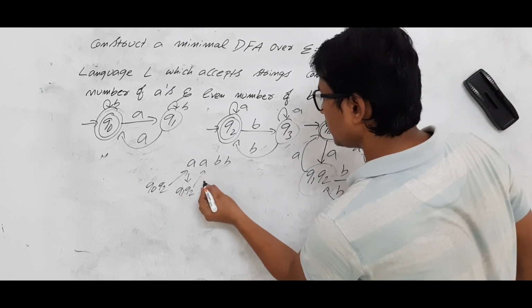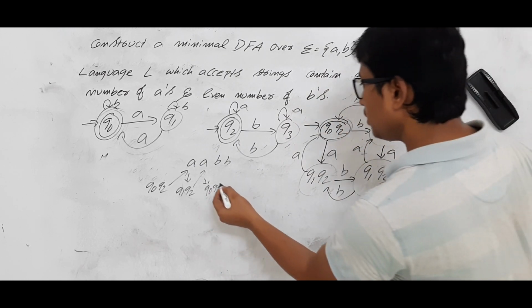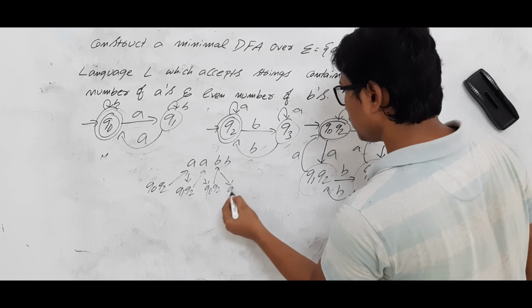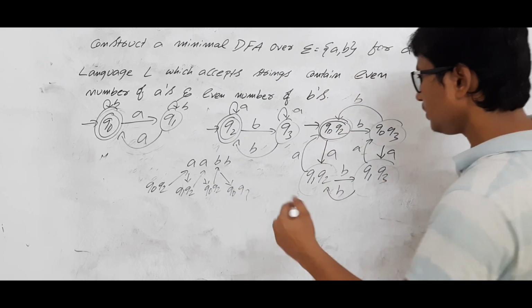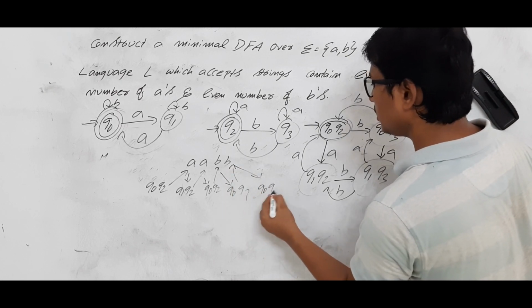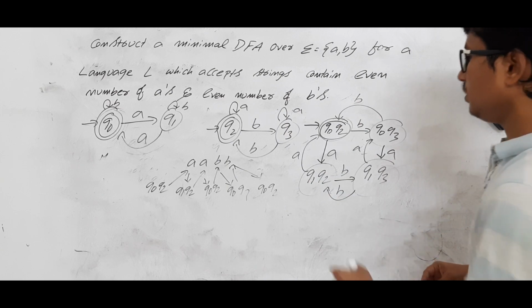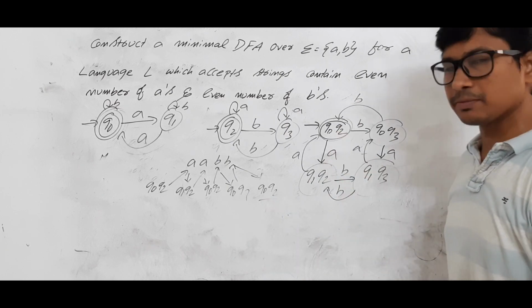Q1, Q2 on A, it is going back to Q0, Q2. Q0, Q2 on B, it is going to Q0, Q3. From Q0, Q3 on B, you are going back to Q0, Q2. Is it clear? So I am reaching a final state, so I can say that it is accepting.